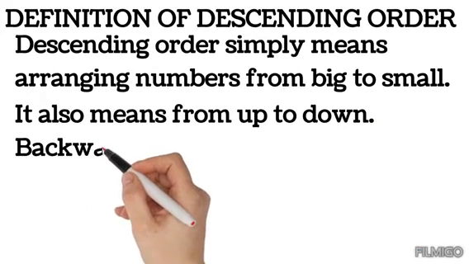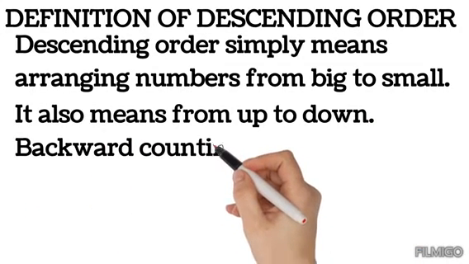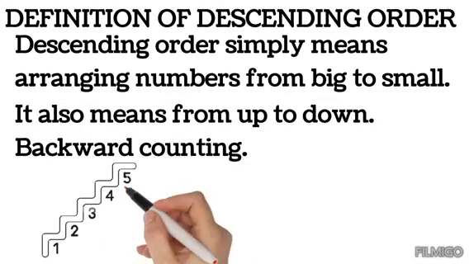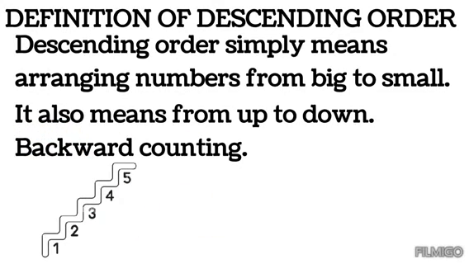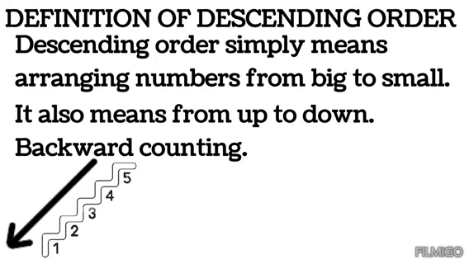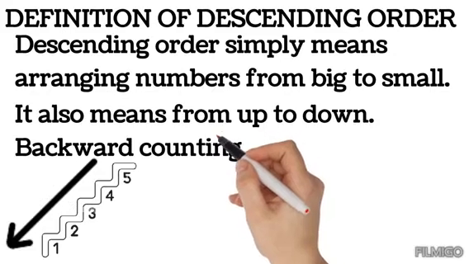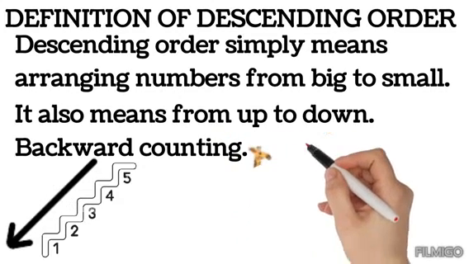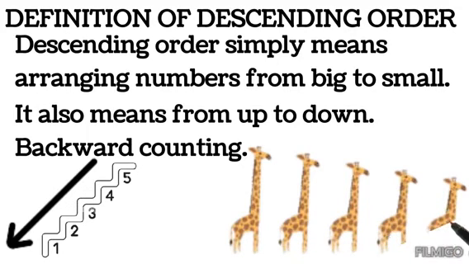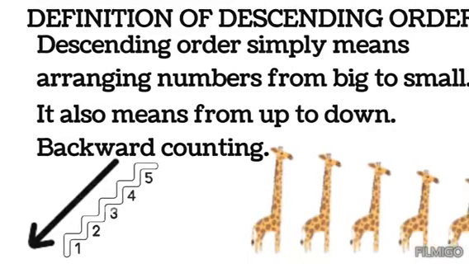Now when arranging in descending order, remember that you are moving from a bigger number to a smaller number and you count backward. Looking at that, our arrow is pointing down, which means we start from 5, 4, 3, 2, and 1. Also, looking at the animal there, the animals are moving back. That is, they are decreasing.